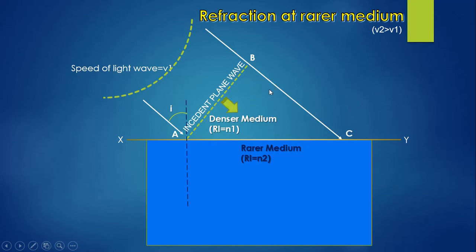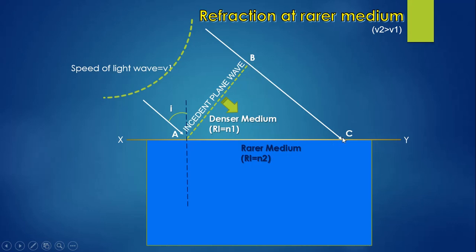Now let us mark the direction in which the incident plane wave is moving. Now I have to assume that among the two ends A and B, the B end is in the denser medium. It has to travel a distance BC to reach the XY interface, because A has already reached the XY interface.